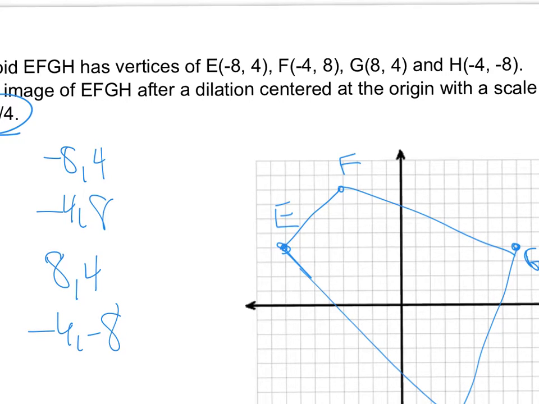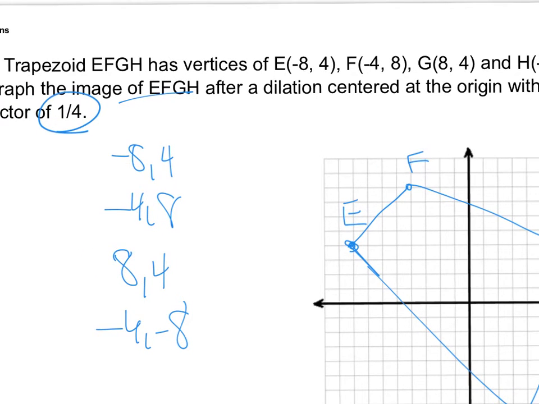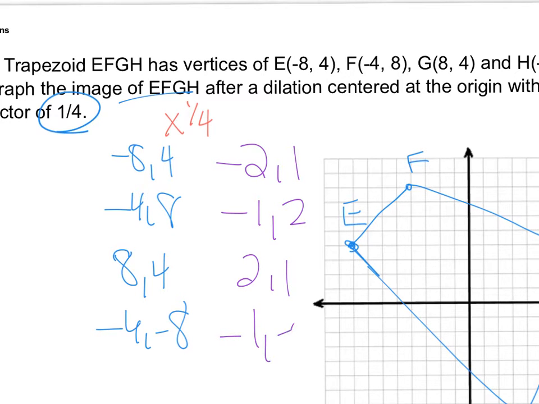So now a scale factor of 1/4, so that means I multiply everything times 1/4, or divide it by 4. So now when I do that, I get -2, 1, -1, 2, 2, 1, -1, -2. So now I went a little quick. I just multiplied everything times 1/4, which is basically dividing everything by 4. So these are my new points right here.